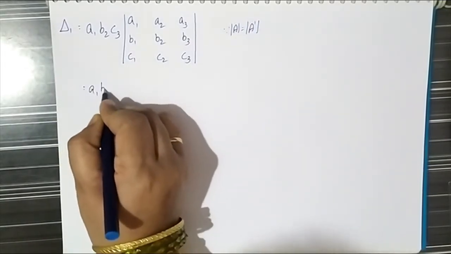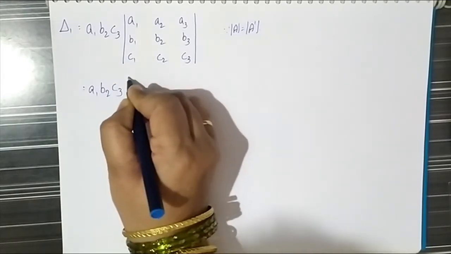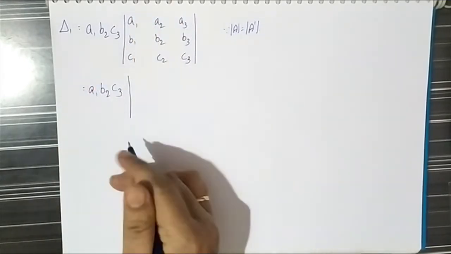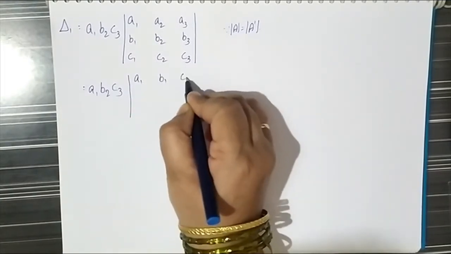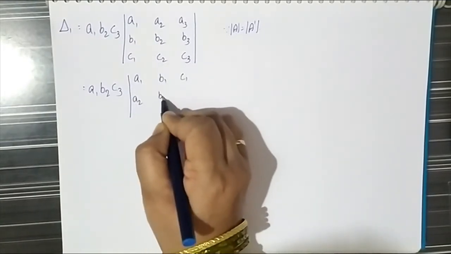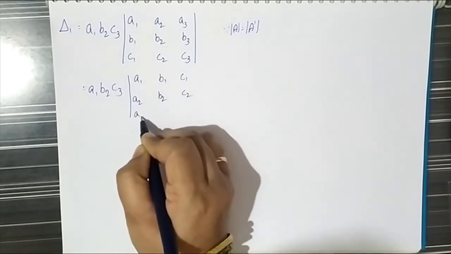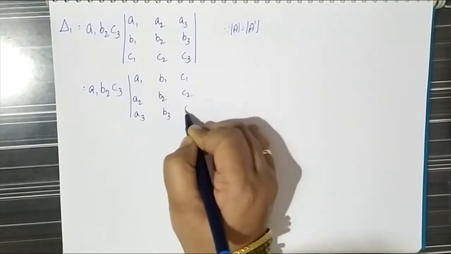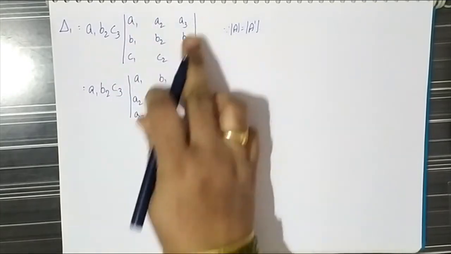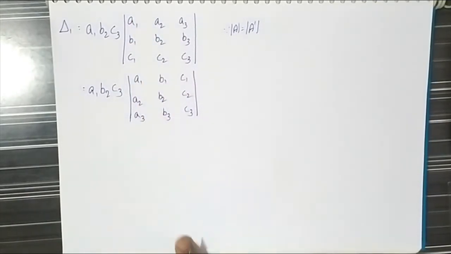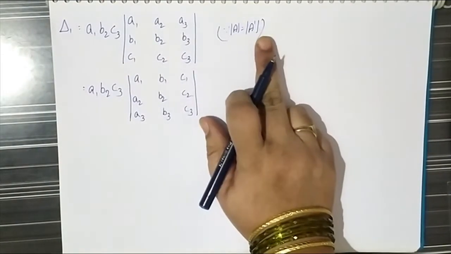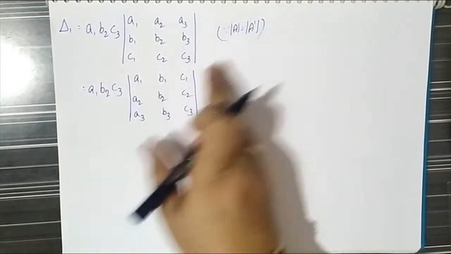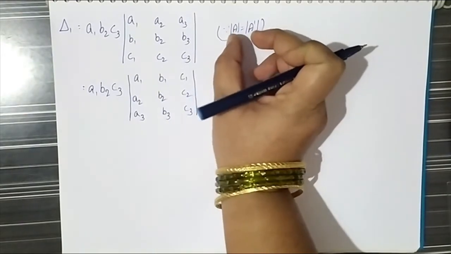By using that property, we have A1 B2 C3 into determinant, and this can be turned into A1 B1 C1, A2 B2 C2, A3 B3 C3. The rows and columns are interchanged. By using this property, determinant of A is equal to determinant of A transpose, we have equal values.